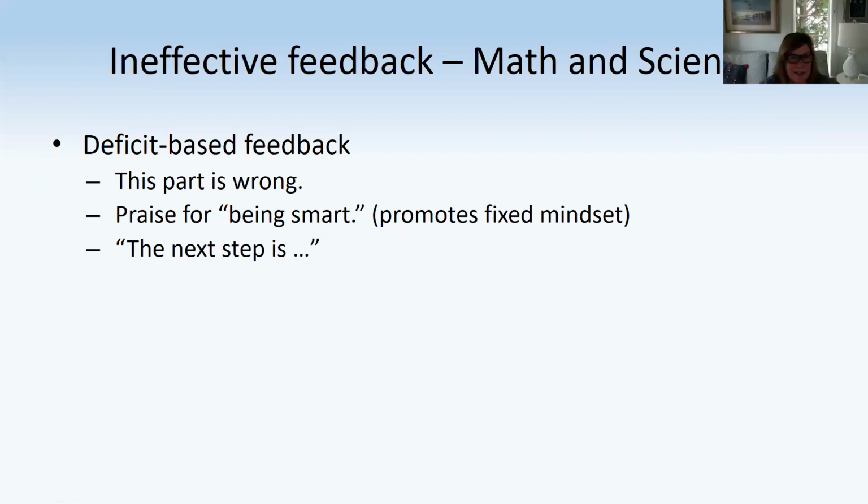Yeah, nice. And I think we've talked about this briefly, but ineffective feedback would be, that's wrong, or this is wrong. That doesn't really prompt them further in their thinking. Or ineffective feedback would be telling them the next step, because that doesn't help in the learning process.